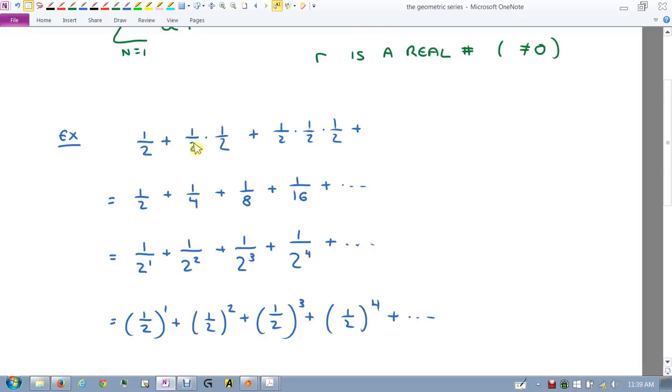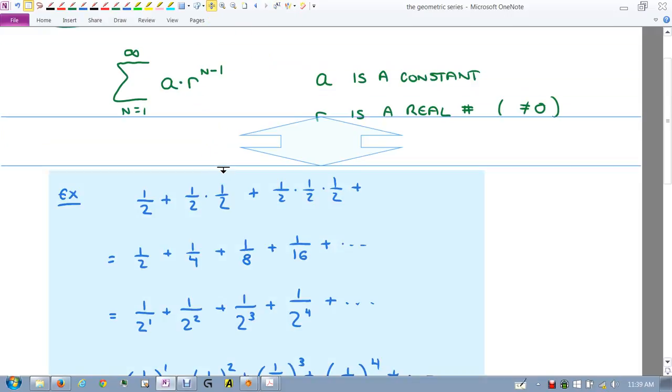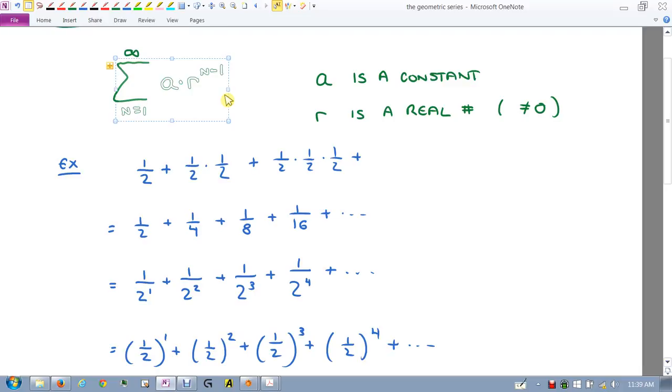So look at the geometric series. Look at what you need for a geometric series. You need to have a number sitting in front of these different powers of R. R is going to be some number that always stays the same, but the powers on it are going to change.